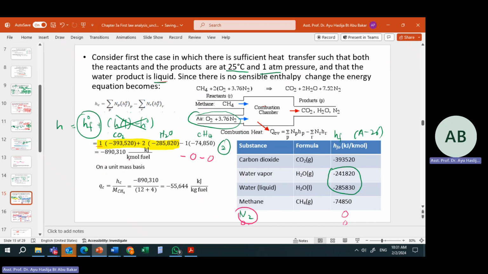Okay, this one is on a kmole basis, mole basis. If the question requires mass basis, then you need to divide by the molecular weight. Molecular weight of the fuel. Why not the molecular weight of the product?